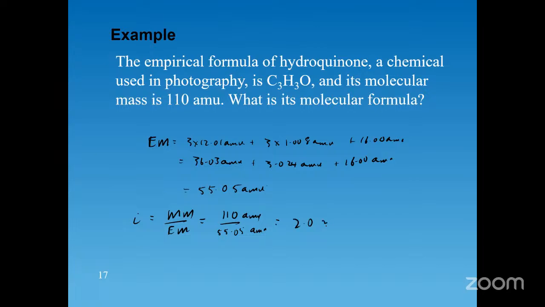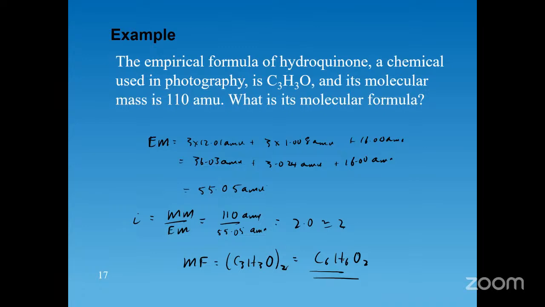So basically, that would be the integral factor, 2. So therefore, the molecular formula would be equal to C3H3O multiplied by 2, which is the same thing as C6H6O2. All right.